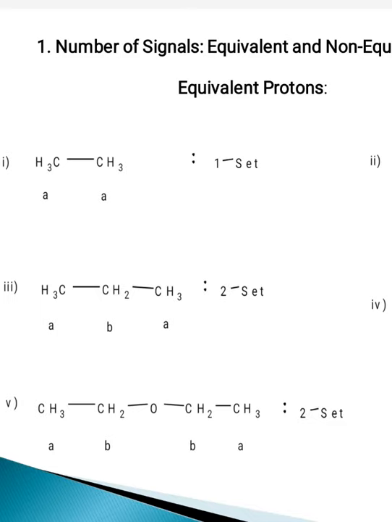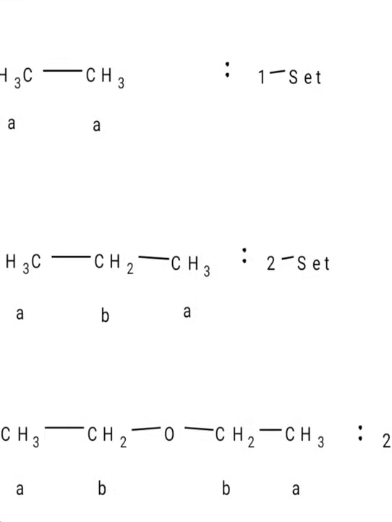In the third example, both the terminal methyl groups are equivalent and the middle CH2 group is non-equivalent. So there are two sets of protons in this compound.